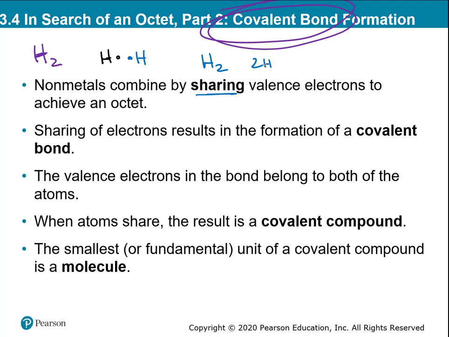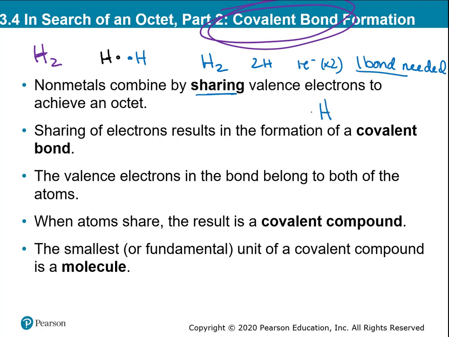So in this, I have H2. That means that I have 2 hydrogens. I have 1 electron each, and there's 2 of them. So in order to be stable, hydrogen needs 1 bond.